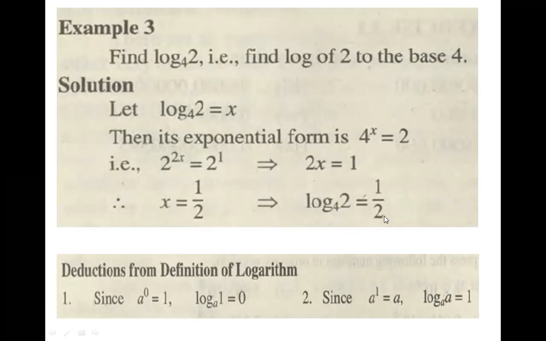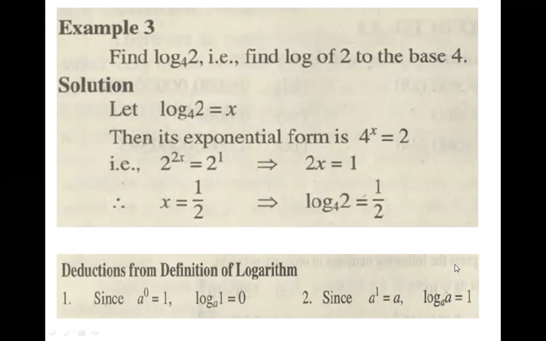This was an example. Now these are some definitions of the logarithm which we have defined, and you will use them: a raised to power 0 is equals to 1, so log of 1 to the base a is equals to 0, and a raised to power 1 is equals to a, so log of a to the base a is equals to 1.